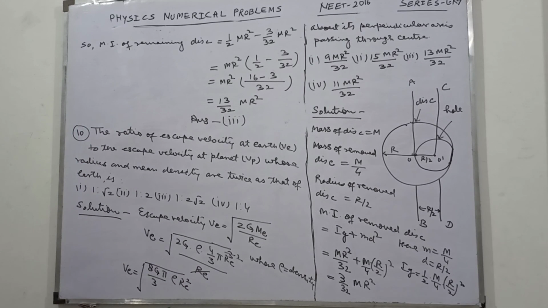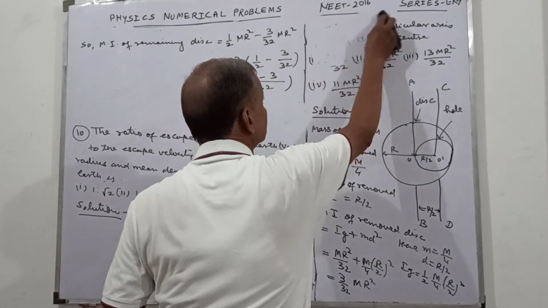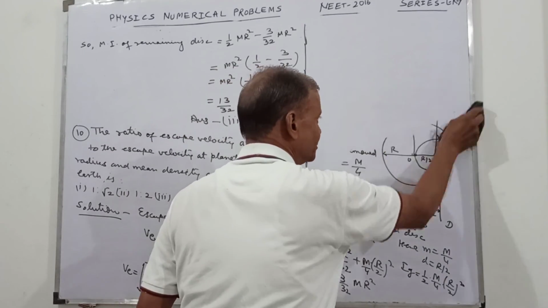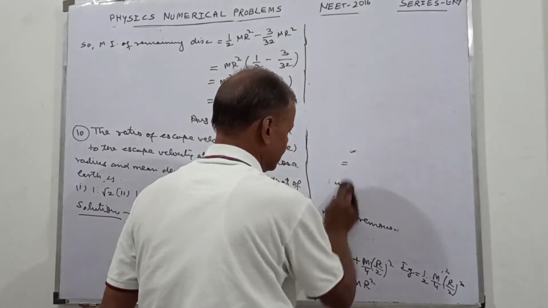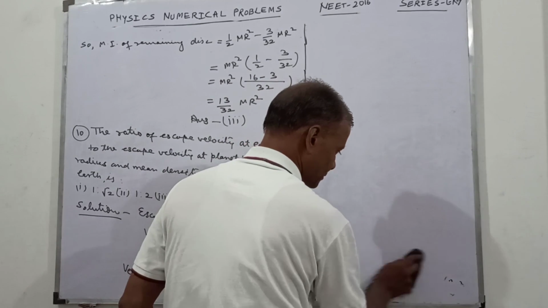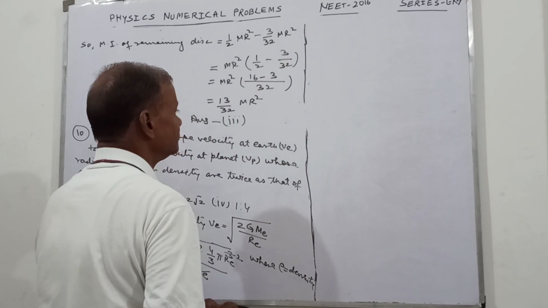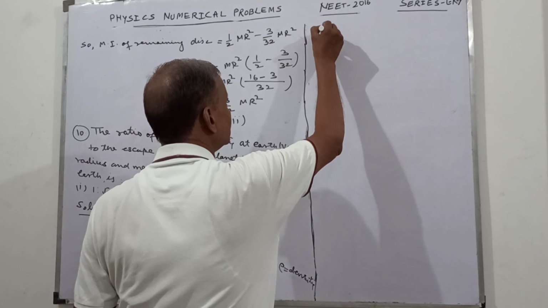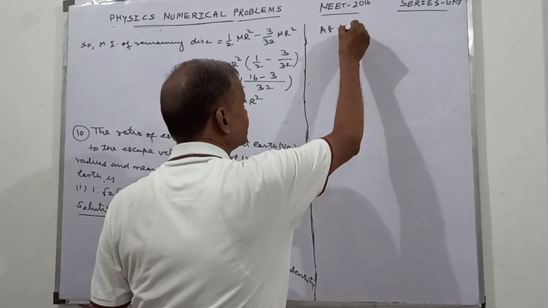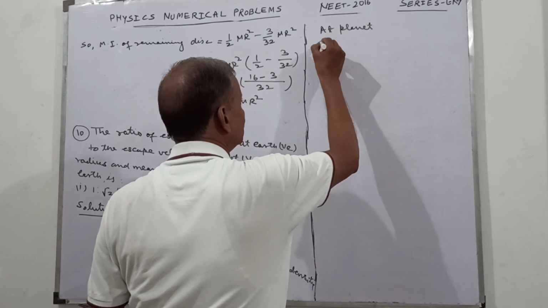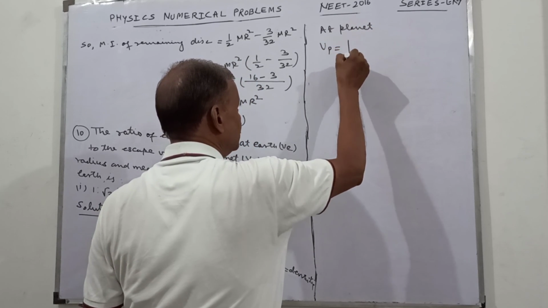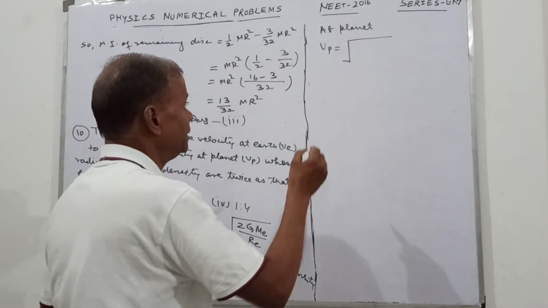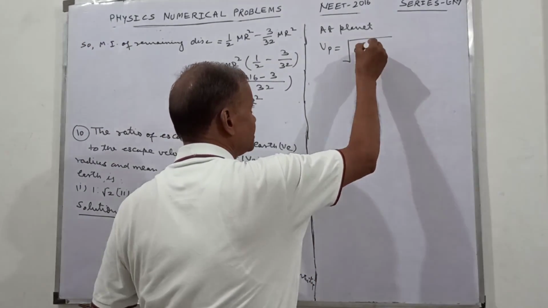Now at the planet, VP equals the square root of 8G pi upon 3, which will remain as such.